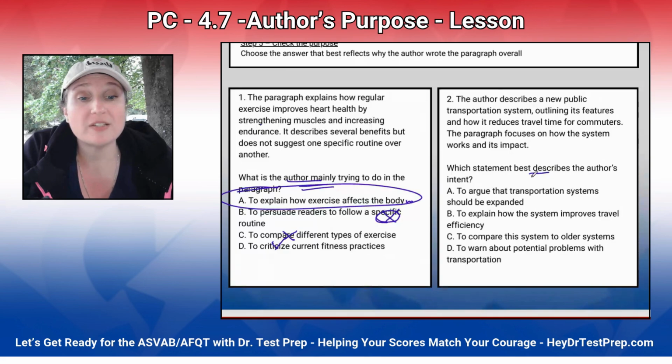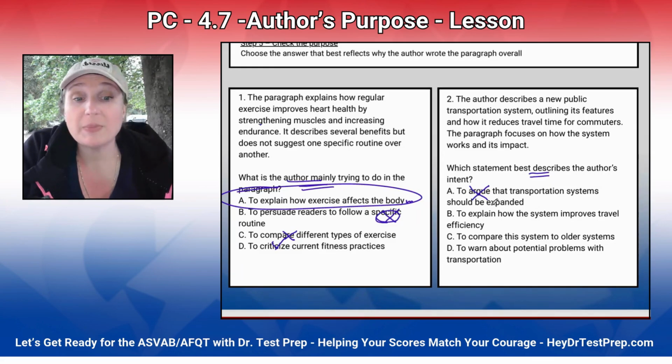All right, which best describes? The author describes a new public transportation system, outlining its features and how it reduced travel time for commuters. The paragraph focuses on how the system works and its impact. So is the author arguing that transportation needs to be expanded? No, it doesn't list benefits. It doesn't give descriptions.